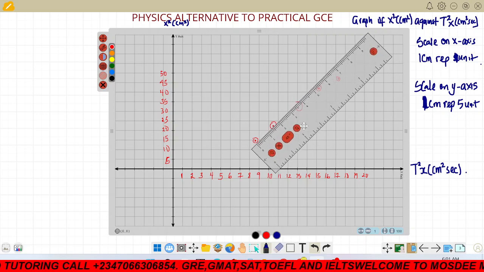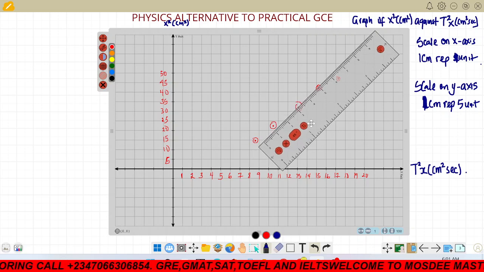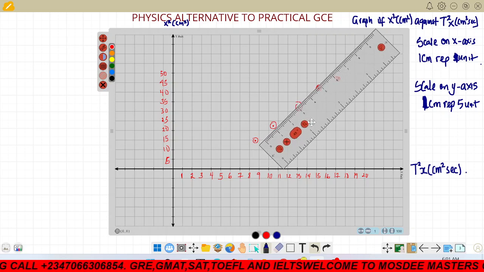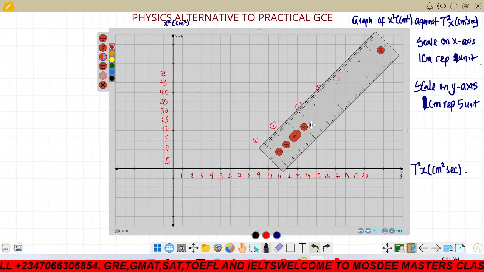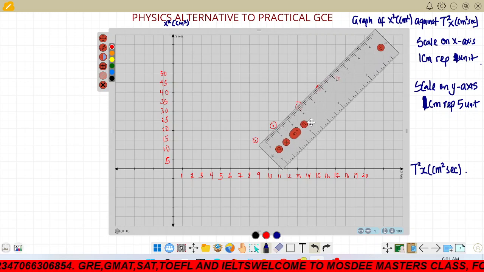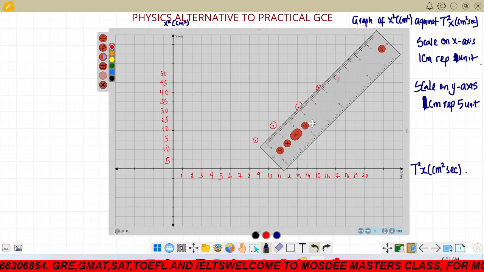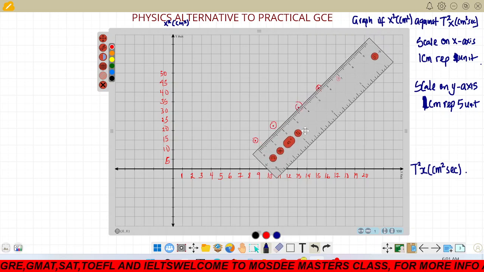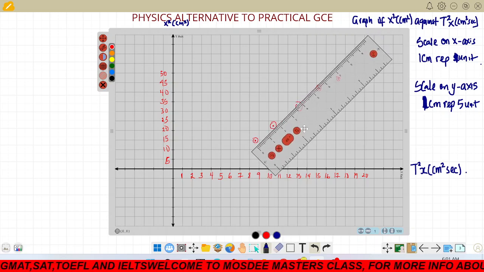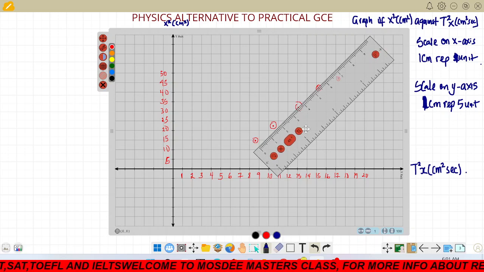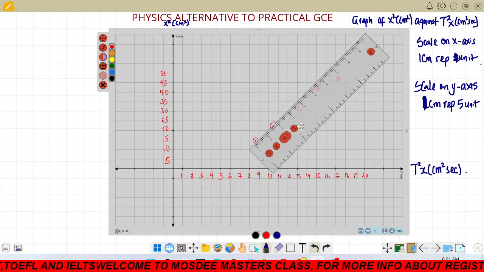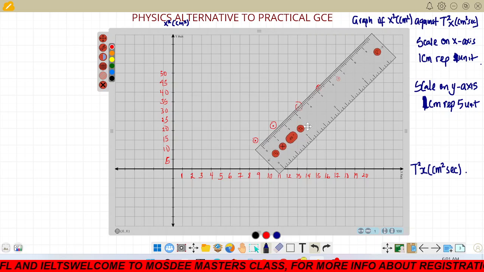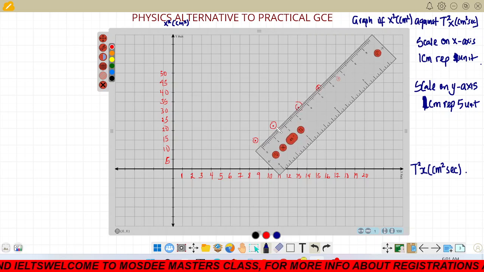You place your ruler such that you get your own line of what you think should be the line of best fit. I think these two only are matching, this and this are not. So this is where I'm going to draw my line of best fit.